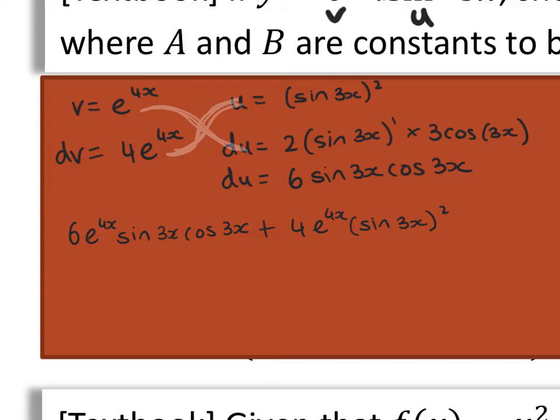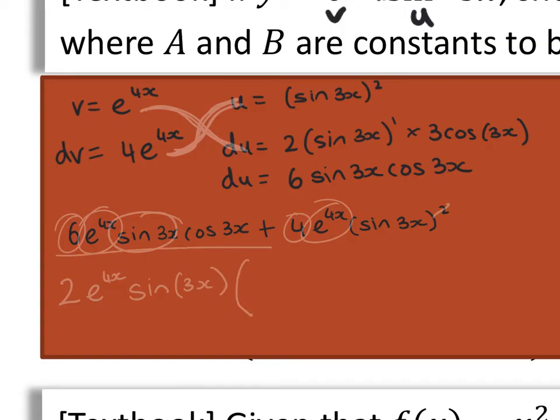Now if I look, I can factorise some stuff out here. They're both in the 2 times tables, aren't they? Boom. 2 is coming out. They've both got an e to the power of 4x. And this one's got 2 sines, this one's got 1 sine, so I can take a sine out, can't I? That is then going to be multiplied by what's left on this side, cos of 3x, plus what's left on this side, a sine of 3x.